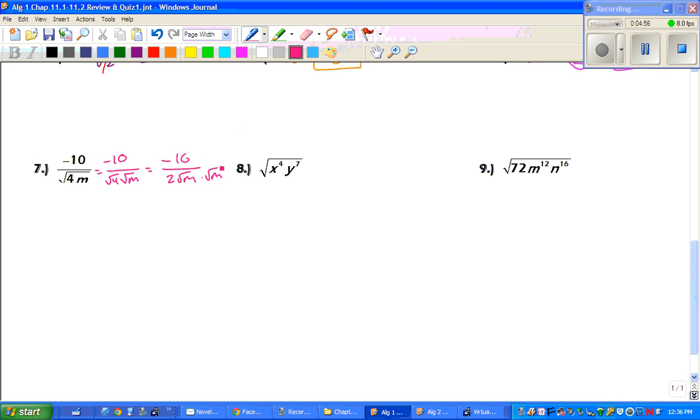And now you can't have that on the bottom. So then you get negative 10 square root of m, and you're left with 2m on the bottom. And you're not done because you can reduce that. So your final answer is negative 5 root m all over m.